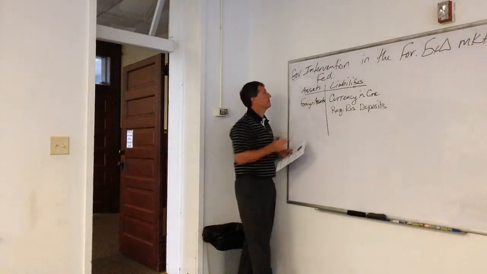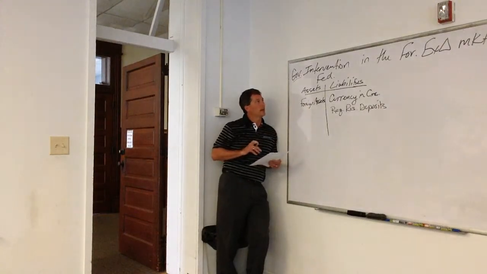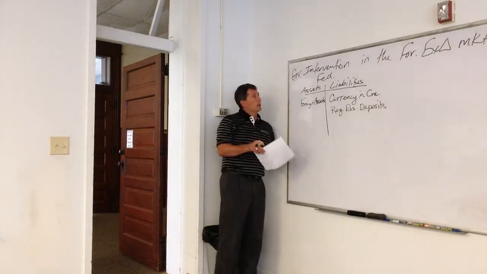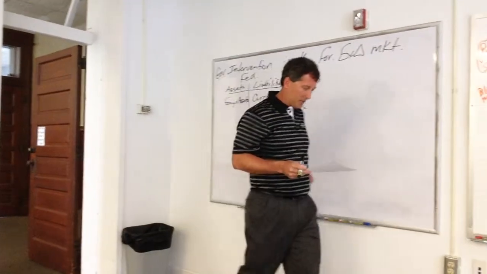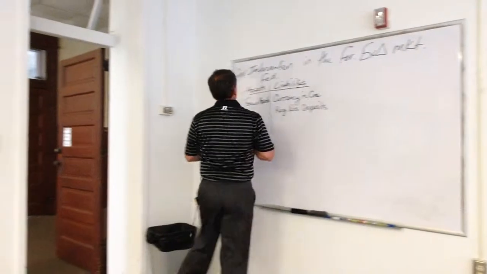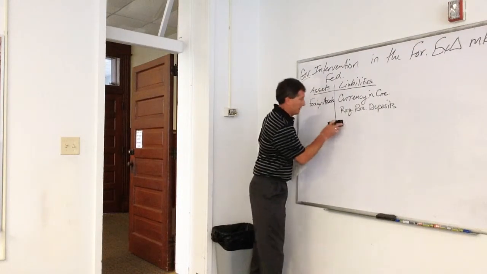All right, so on the asset side, if the bank has foreign assets, so this would be foreign currency. That's one of the assets that they can have. And so we want to think about a transaction of them intervening in the foreign exchange market.